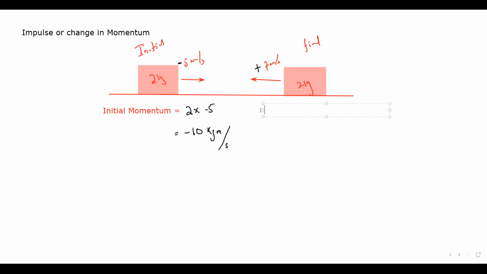What about the final momentum? The mass is 2 and the velocity is 7. So 2 multiplied by 7 is equal to 14 kilogram meter per second. Now, what is the impulse? Impulse is basically a change in momentum, which is final momentum minus initial momentum.